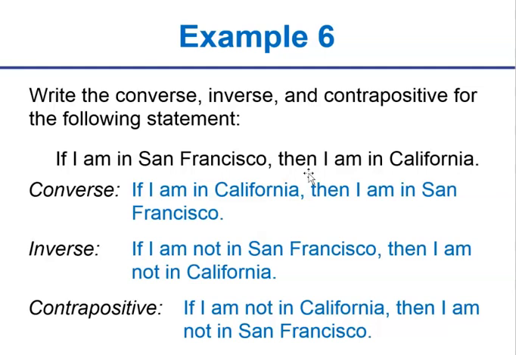Now, how about that, y'all? Does that mean the same thing as if I'm in San Francisco, then I'm in California? First thought might be not, but does it make sense? If I'm not in California, then I am not in San Francisco. Sure enough. If you're not in California, there's no way in the world you could be sitting in San Francisco.